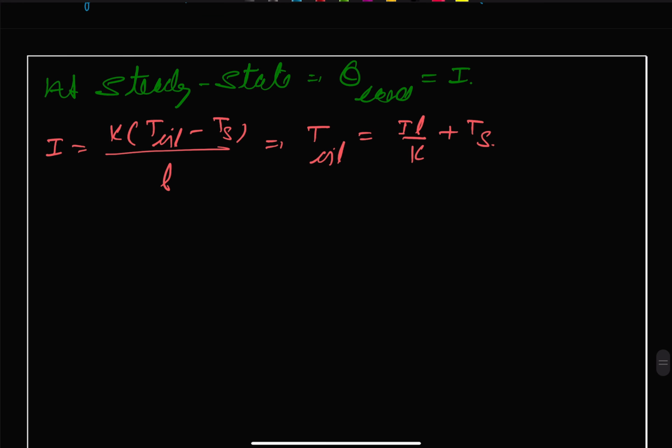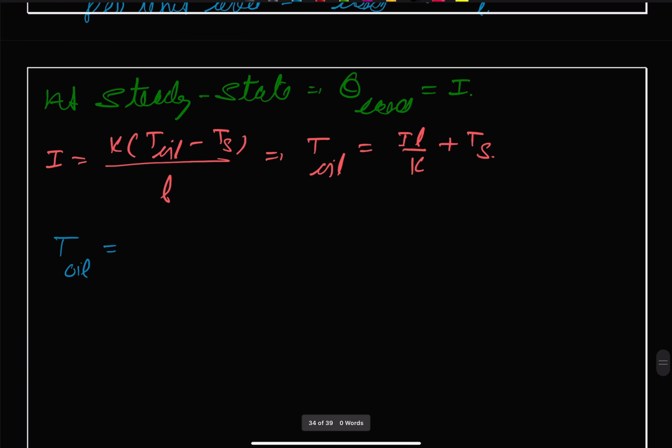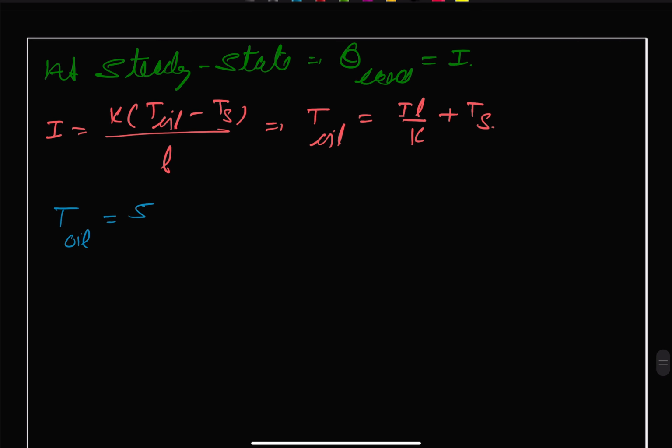So we plug in the values: I we found is 595, multiplied by the thickness 0.01, divided by the constant given as 0.167, plus the surface temperature given as 127 degrees centigrade. So from here we get T of oil approximately equal to 162.6 degrees centigrade.